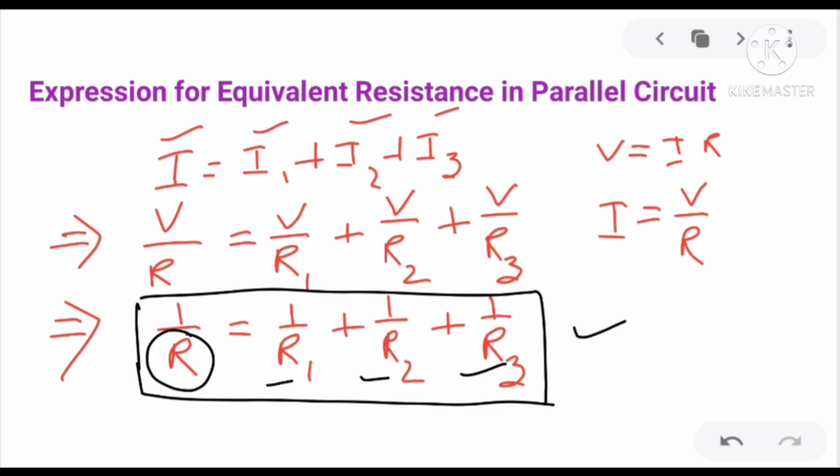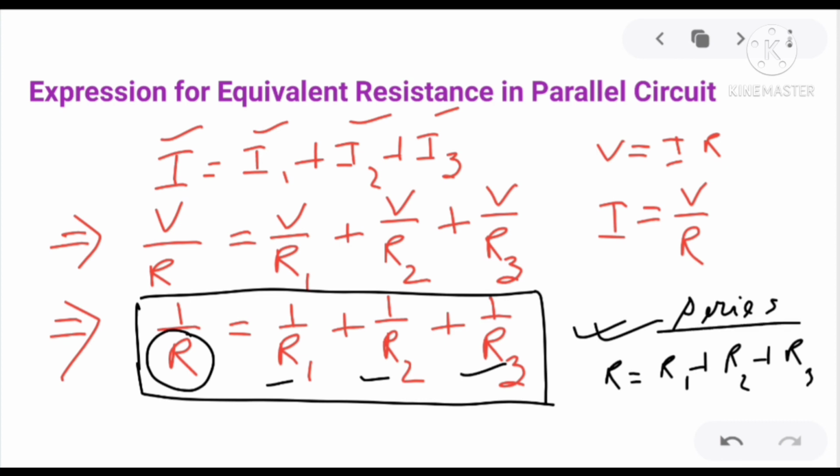This is a very important result we obtained in the parallel combination. In series combination it was R equal to R1 plus R2 plus R3, but in parallel it is 1 by R equal to 1 by R1 plus 1 by R2 plus 1 by R3. So remember this.